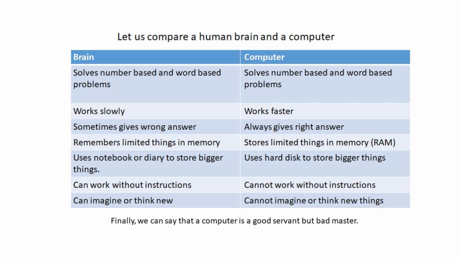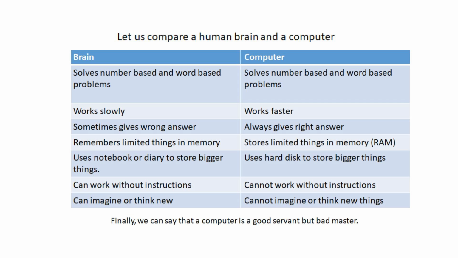Human brain uses notebook or diary to store bigger things. Computer uses hard disk to store bigger things. Human brain can work without instructions.